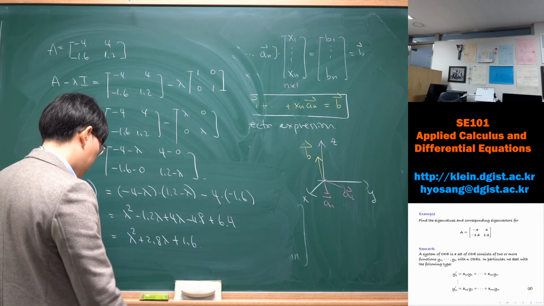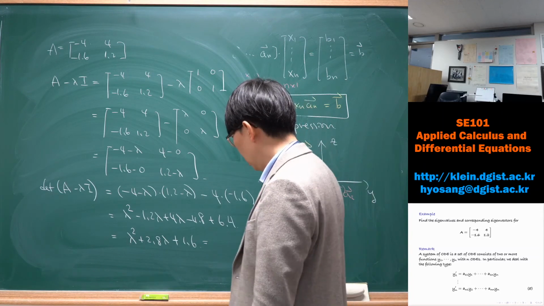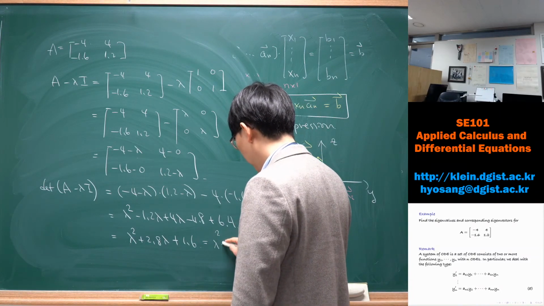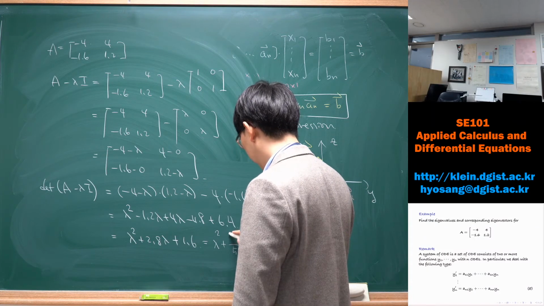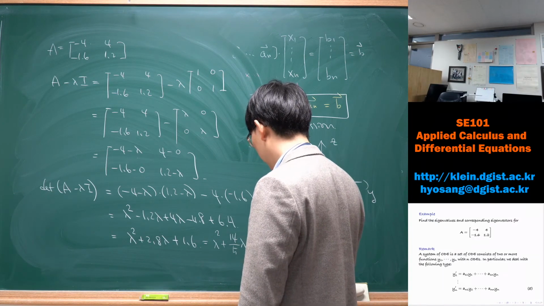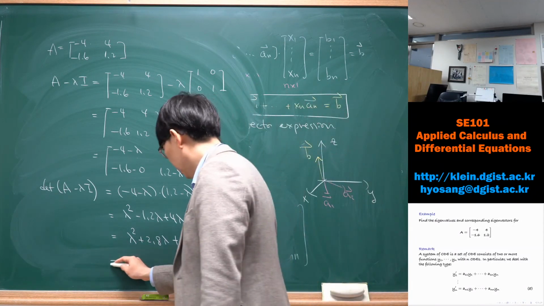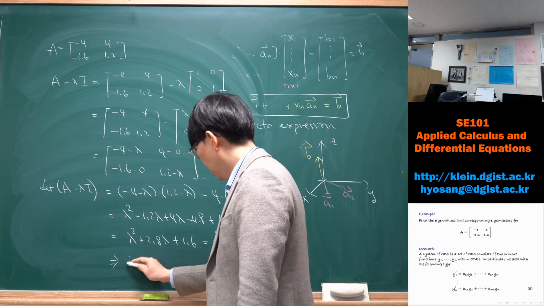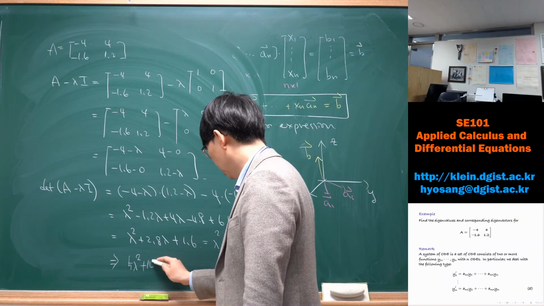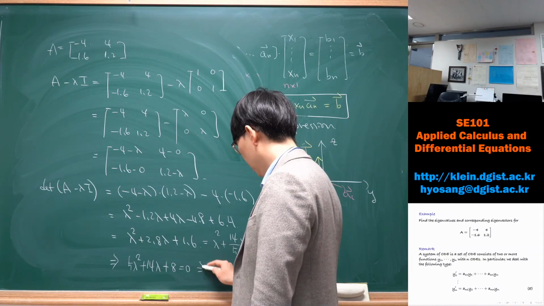So let me take this in fraction form. So we have lambda square plus 14 over 5 lambda plus 8 over 5. If this is 0, then I'm solving 5 lambda square plus 14 lambda plus 8 equals to 0, right?